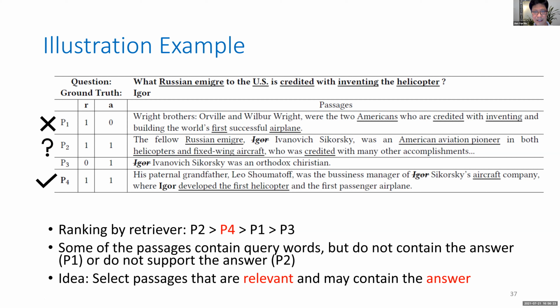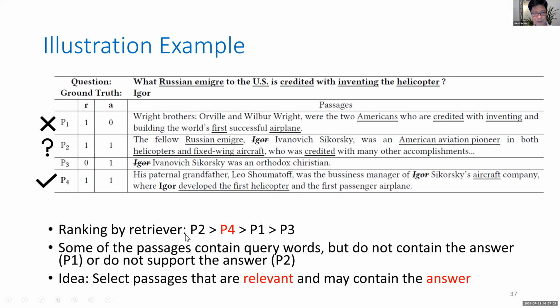But certainly, if we just use IR, this passage will be highly ranked. But it is not the right passage. And we have the third passage, P3, which mentions the right answer, but not in the same context, not talking about helicopter or aviation. So it should be removed. And the fourth one is the right one, where we mention that this person invented or developed the first helicopter. And this provides some support to the answer. And this is the passage that we want to retrieve.